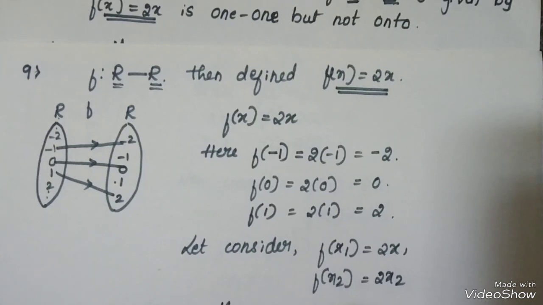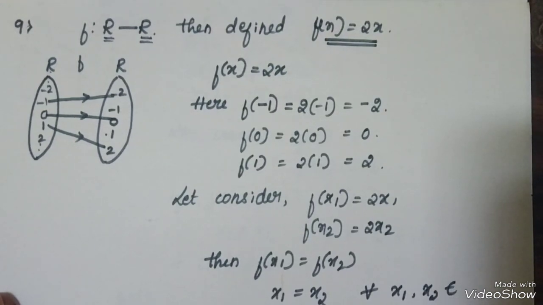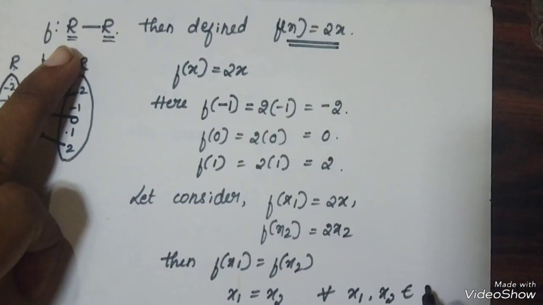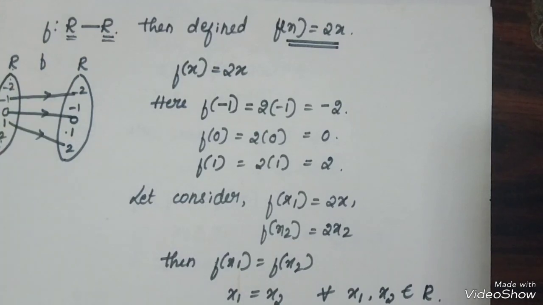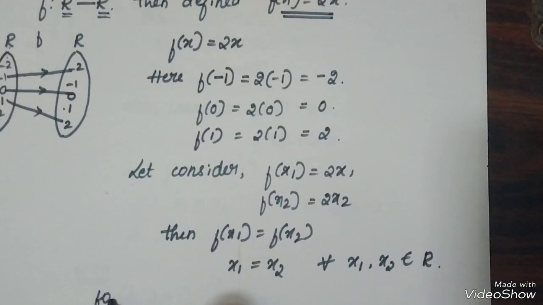Then f of x1 is equal to f of x2 implies x1 is equal to x2, for every x1 and x2 belonging to real numbers, because we have to consider the domain. The x1 and x2 values are present in domain R. Again, for the onto condition.